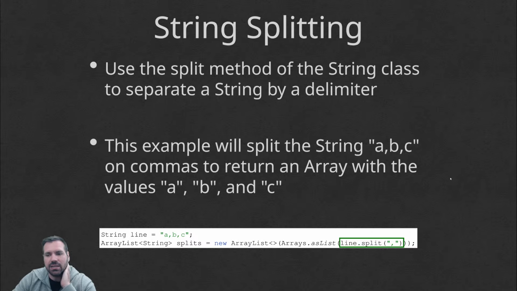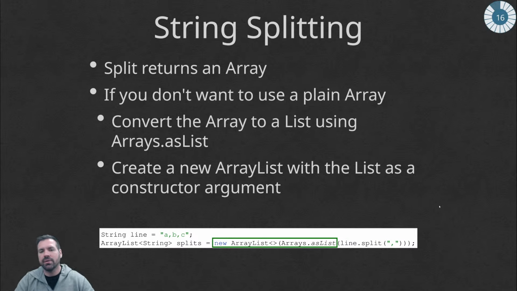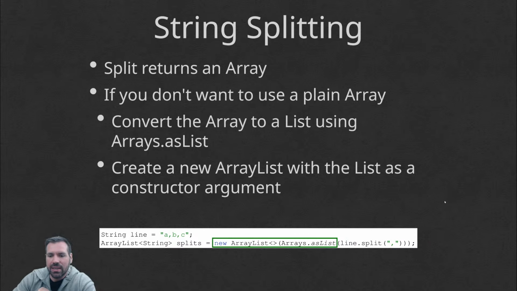When you're iterating over the lines of your CSV file, you split each line on commas and then process the data for whatever application you're doing at the time. Line.split returns an array. If you want to use a plain array, you're comfortable with that, you know what that is, go for it. You can just use a plain array. That's perfectly fine.